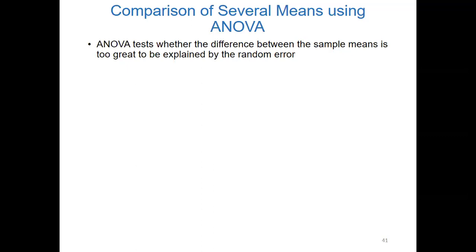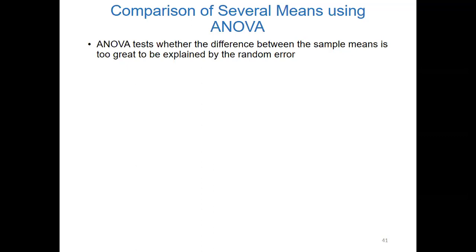So ANOVA tests whether the difference between the sample means is too great to be explained by random error. What does that mean? If, using this calculation, we find there is a significant difference, that means the difference is more due to fixed or controlled error.